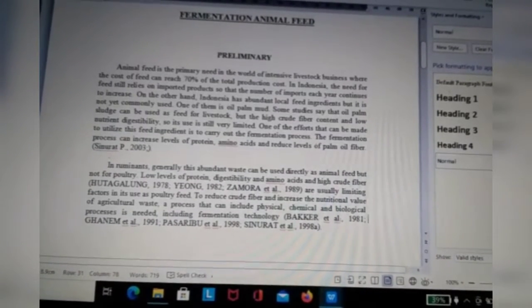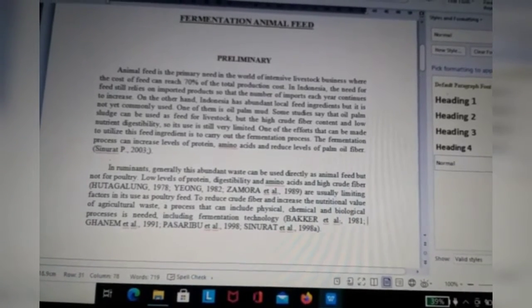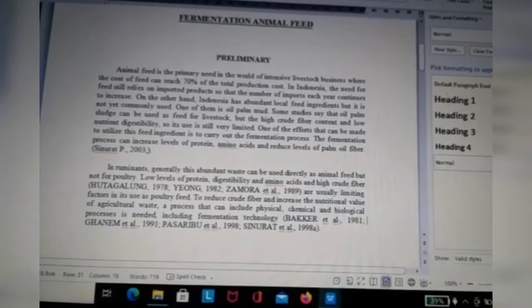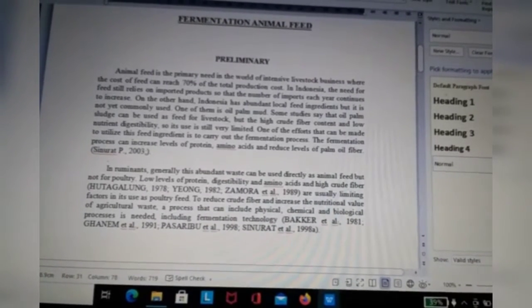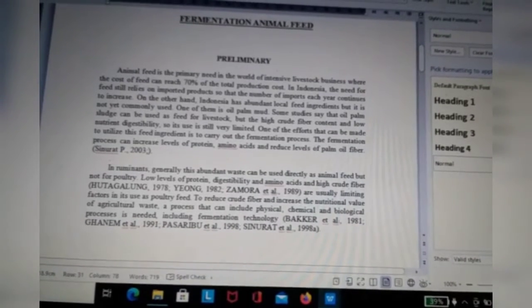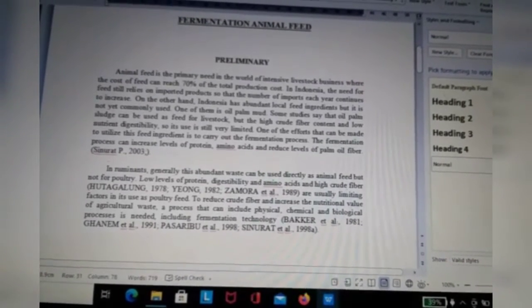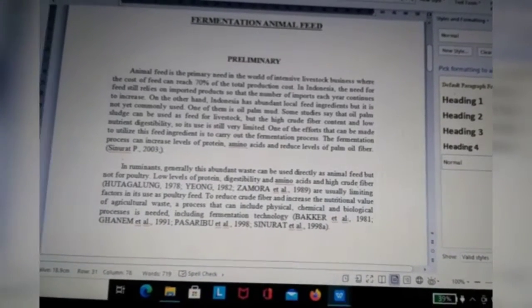One of the efforts that can be made to include these feed ingredients is to carry out the fermentation process. The fermentation process can increase the level of protein and amino acid, and reduce the level of palm oil fiber.